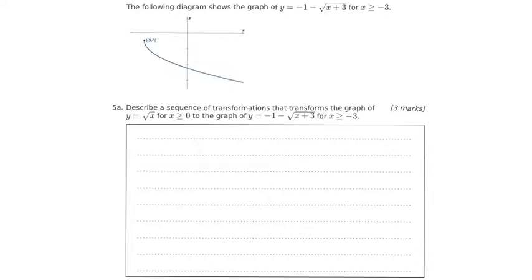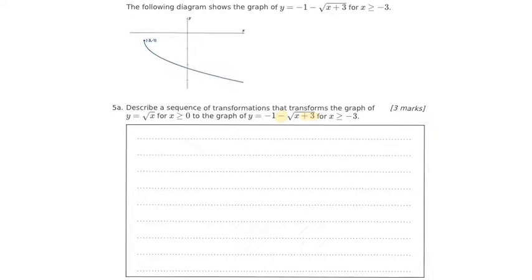We have 3 transformations. The first one is this negative sign. What does it do? Well, that is a reflection in the x-axis. The second one is what does the plus 3 do?